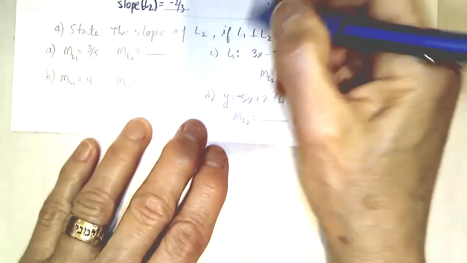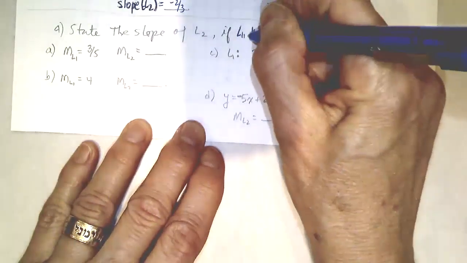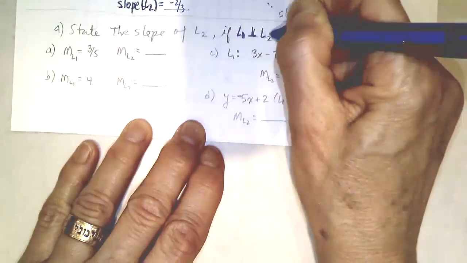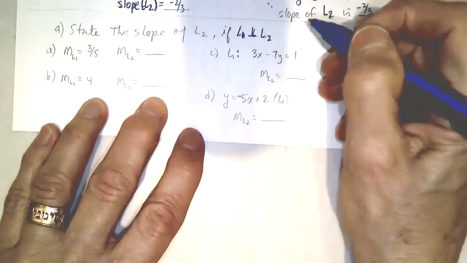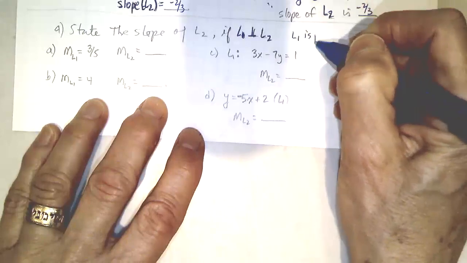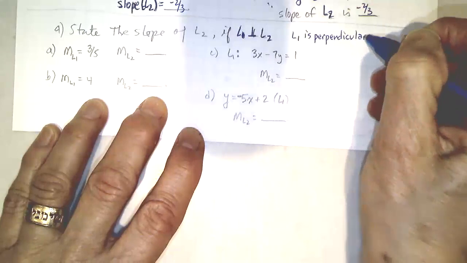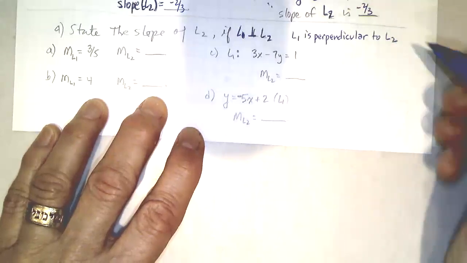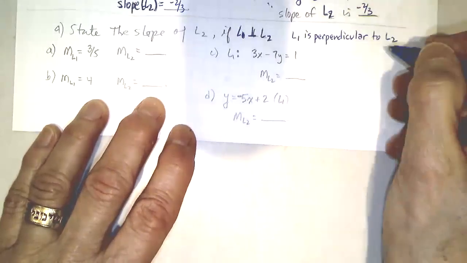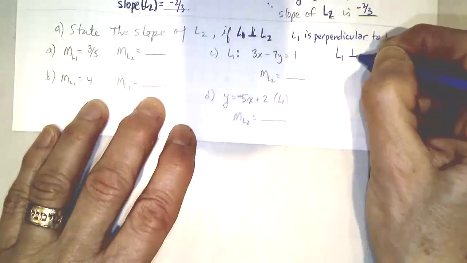I'm going to do another question right here. This time, my two lines, L1, look what I wrote here. See that little symbol? That's because I'm a lazy teacher. I'm too lazy to write L1 is perpendicular to L2. So in math symbols, you can write this same thing out like this.